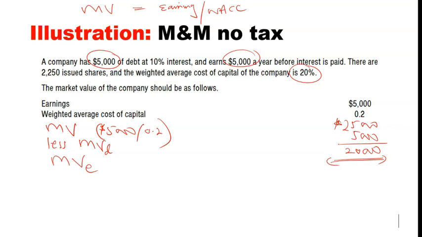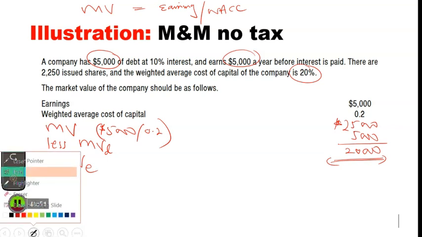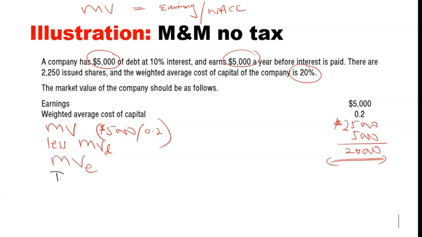Now, what is the cost of equity? Okay, the cost of equity. Let me use another pen. In this case, the cost of equity would be, all right, our earnings are 5,000.